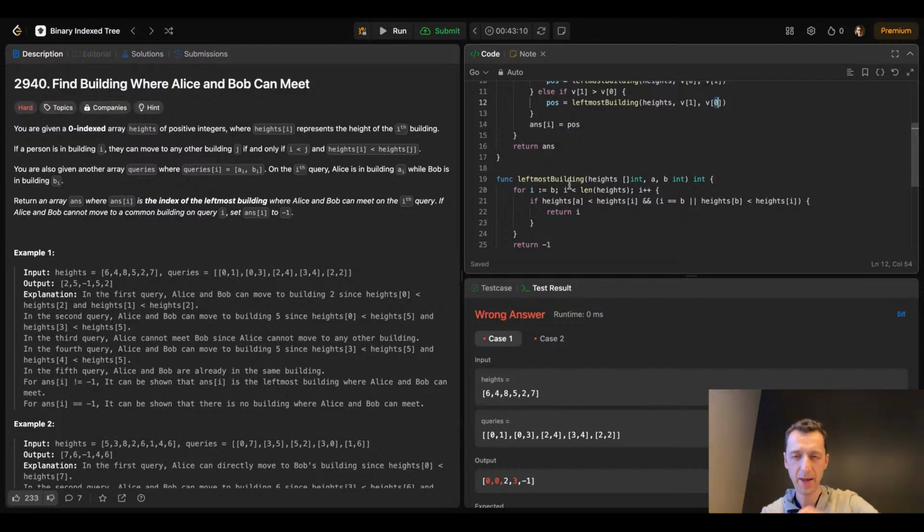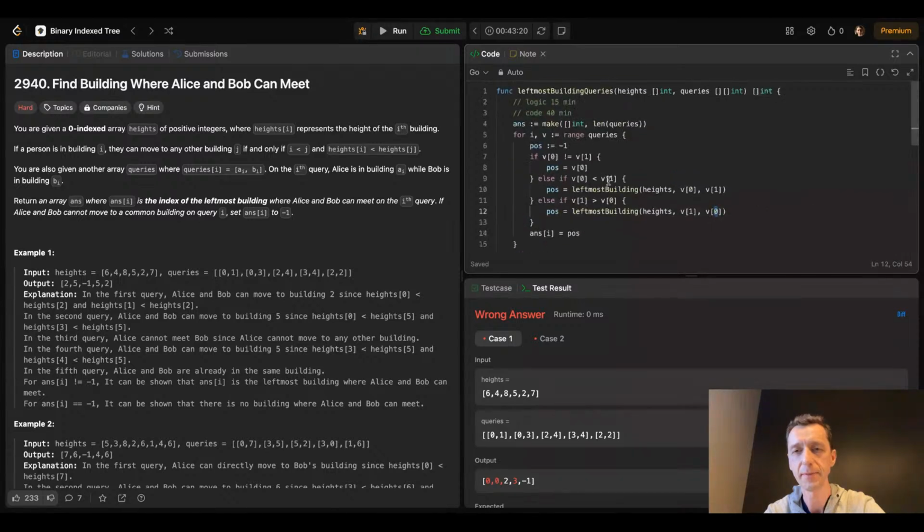Go until the end of... we need to go until the end of queries, not heights.